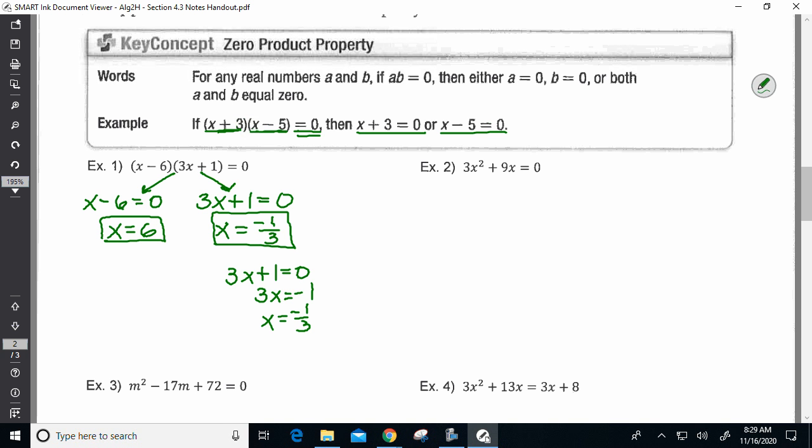Anywho, example 2. 3x squared plus 9x equals 0. So now we go back to our rules for factoring. The first rule of all factoring is greatest common factor.